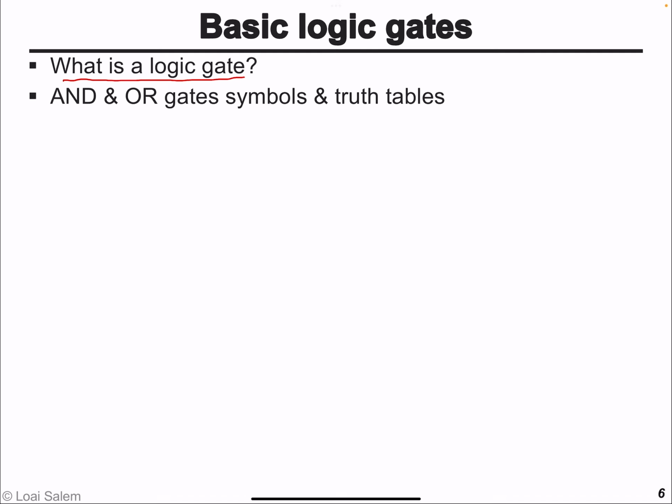For example, say we want to design a light for a garage door. We have a garage, and for this garage we have a door, and we want to design a circuit for the light bulb at the garage door such that it turns on automatically when it's dark and there is motion in front.